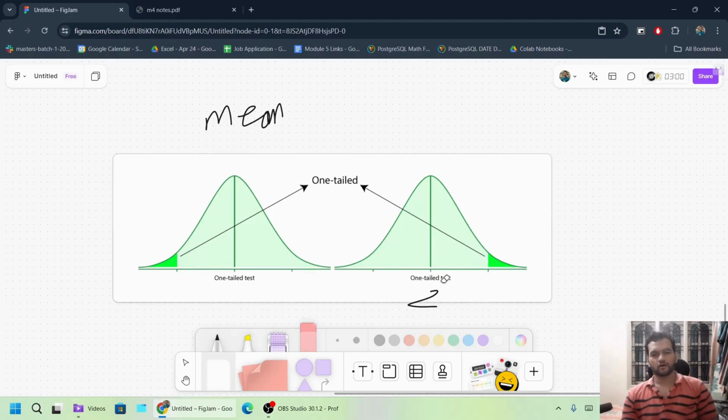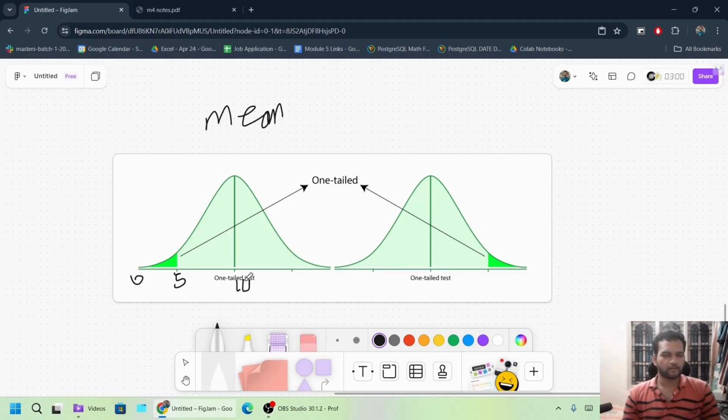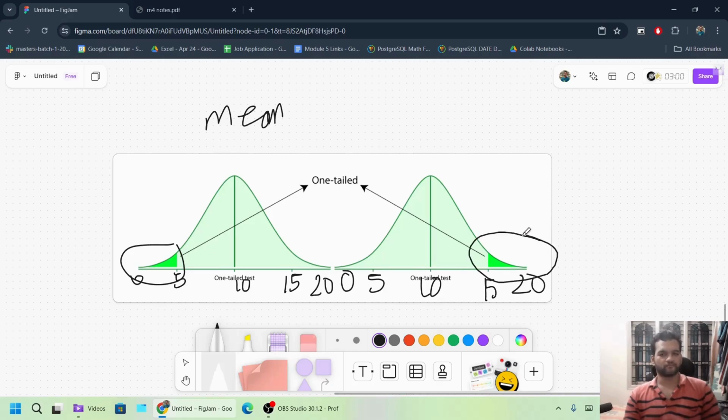On the first one, with the axis 0, 5, 10, 15, 20, our null hypothesis is that the mean value will be less than 5, not equal to or greater than, only less than 5. On the second one, our null hypothesis is that it is greater than 15, only greater than 15.